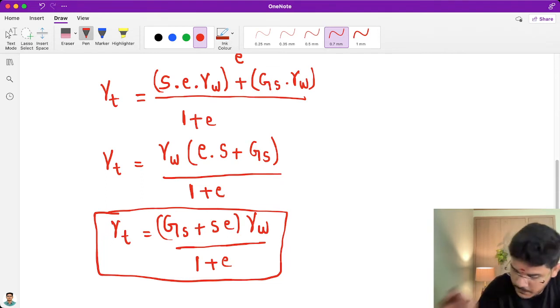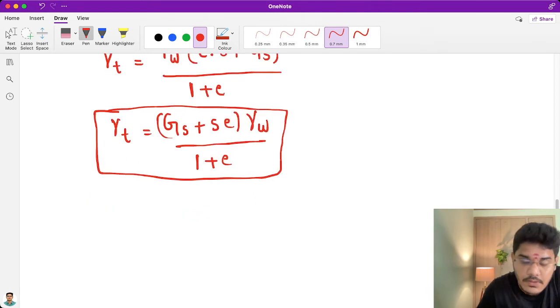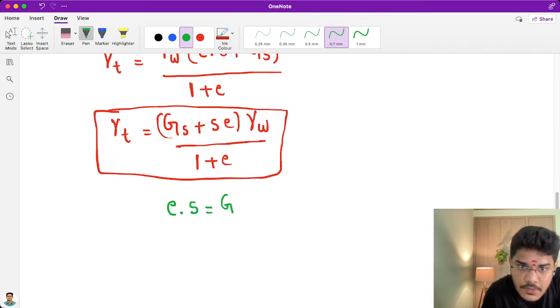So if you observe from formula 4, we know that e into S is equal to Gs into w.